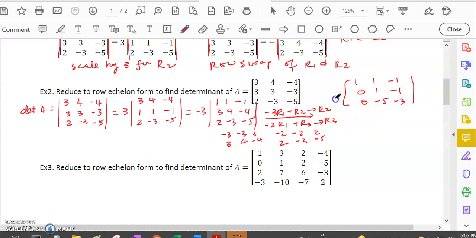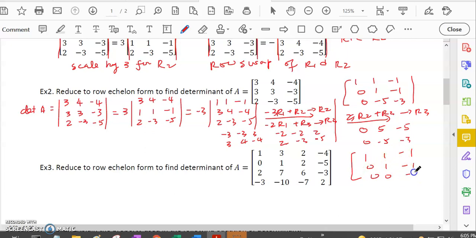Then we need another row operation: 5 times row 2 plus row 3 goes into row 3. That is very easy, because 0, 5, negative 5 plus 0, negative 5, negative 3 gives the new row 3, and the matrix has rows 1, 1, negative 1 and 0, 1, negative 1.